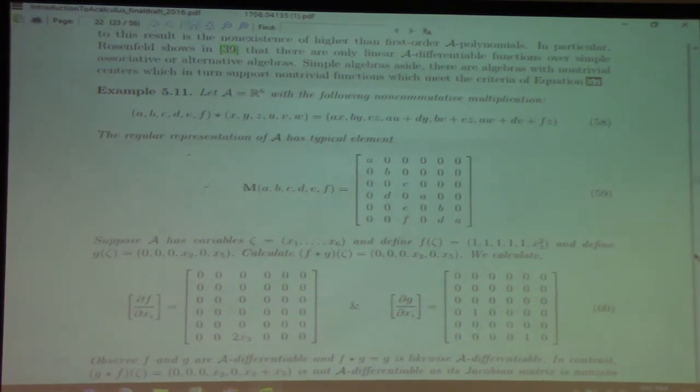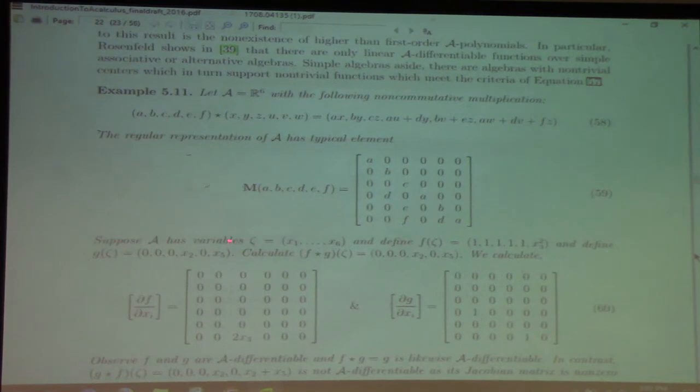So it's kind of messed up. So I'm defining a multiplication on R6 by this rule. You're like, well, that's a weird multiplication. Fine. It is, but there it is. And if you look at the regular representation of such a thing, it looks like a so. This is the regular representation of that algebra by the usual calculations.